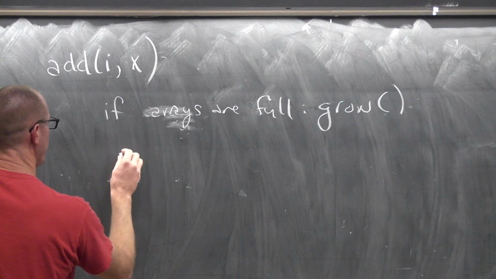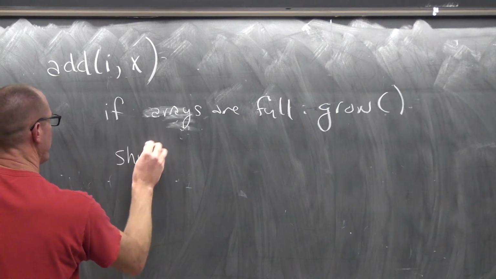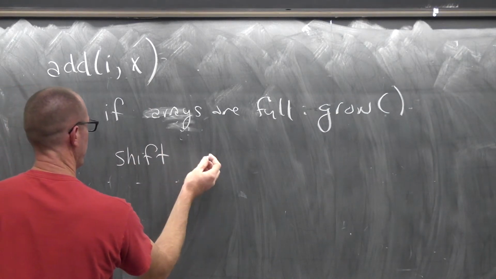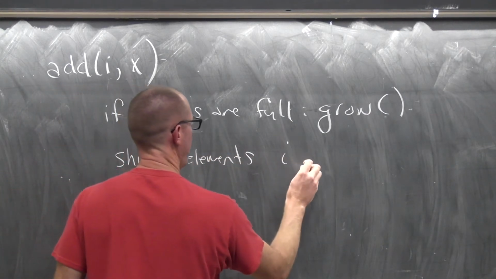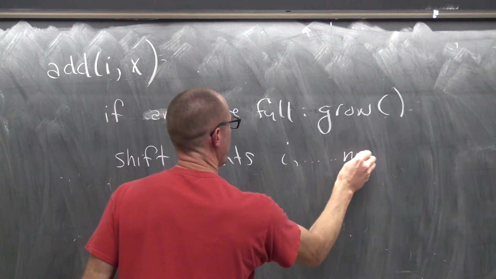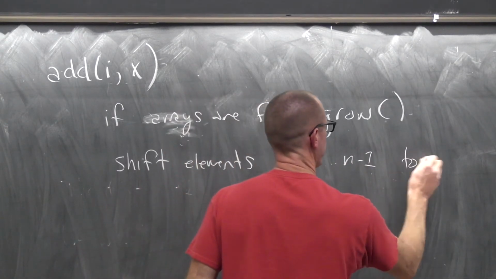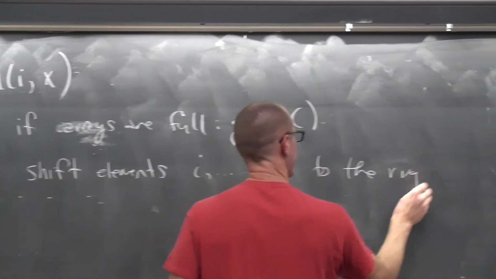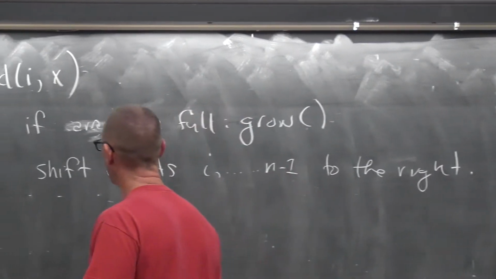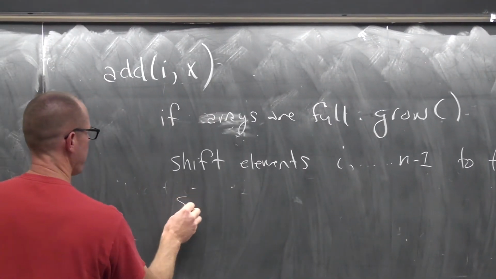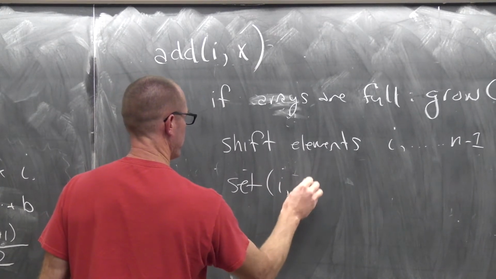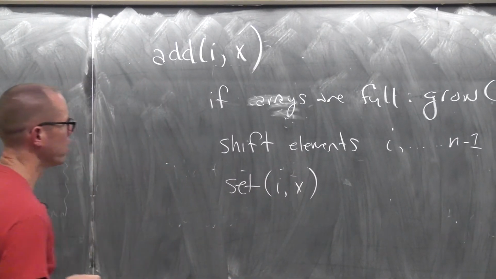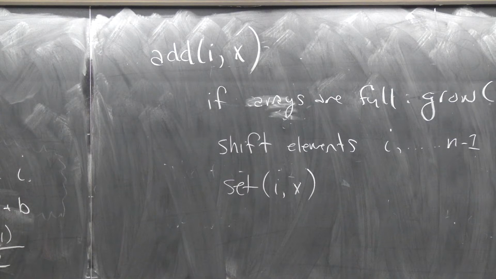And now the next thing you do is shift elements I up to n minus 1 to the right. And then you finally set I to be equal to x. That's all add does.